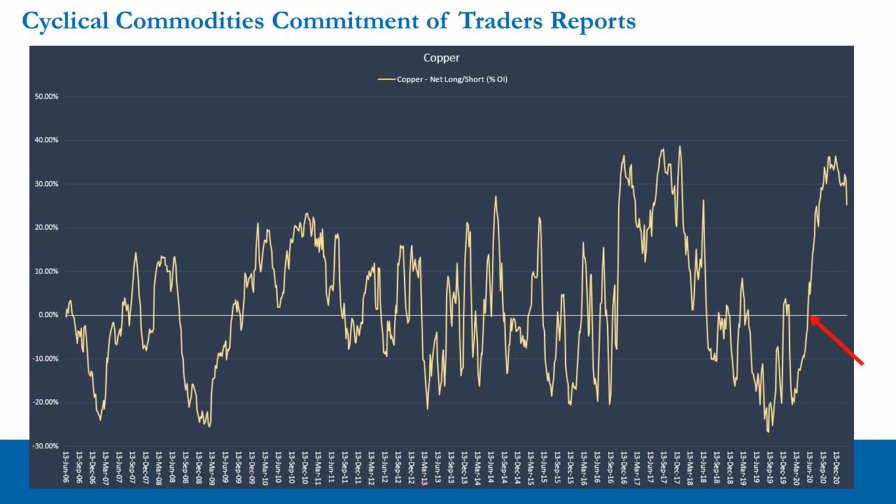We bounce around at the 0% bound for a number of months. And then in the spring, summer of 2019, that's when bearish sentiment or net short positioning in the commitment of traders reports for copper accelerates and goes lower to a trough.